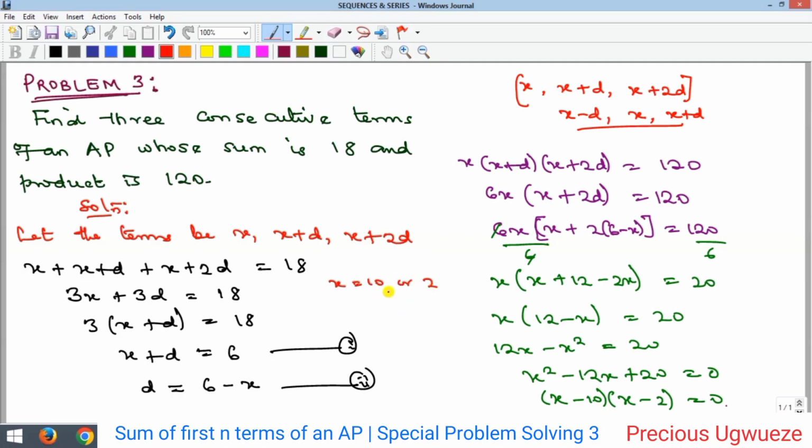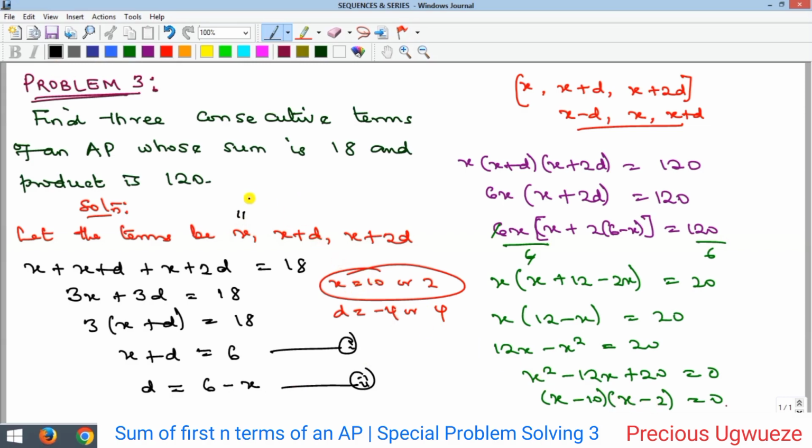So if our x is 10 or 2, remember equation 2 tells us what d is. When x is 10, our d is going to be 6 minus 10, which is minus 4, or when x is 2, 6 minus 2 will be positive 4. Therefore, the three terms we're actually looking for are: the first term is x, which we got as 10 or 2.